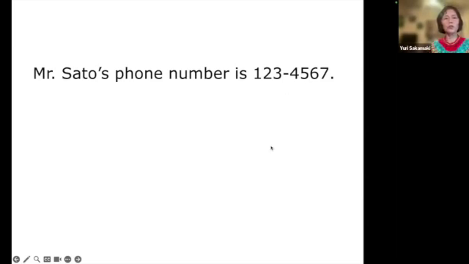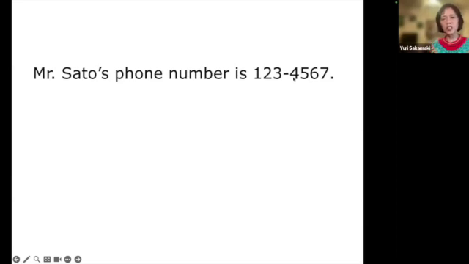So how would you make a sentence or translate this? I'll give you a few seconds. So Sato-san will be Sato-san no, right here. Sato-san no 電話番号は123の4567です. That's a sentence.